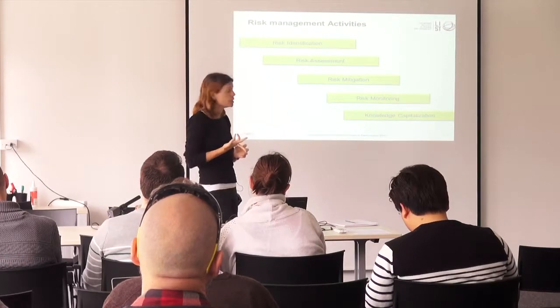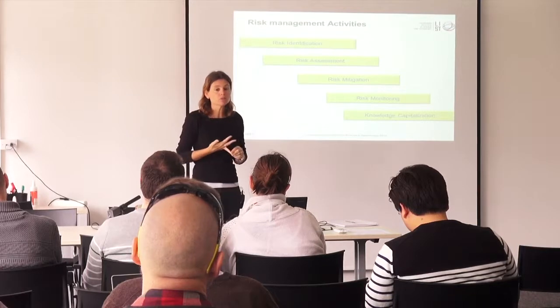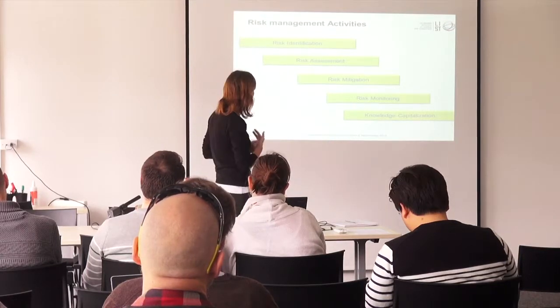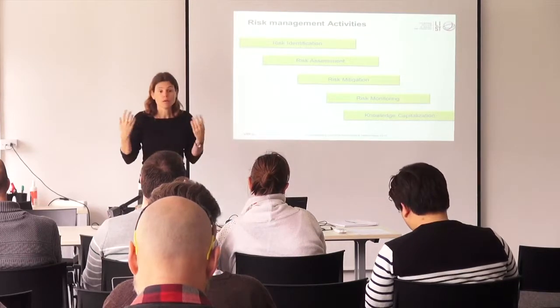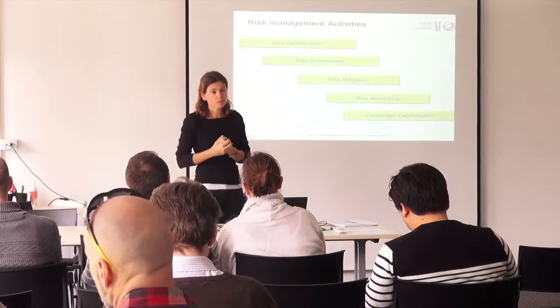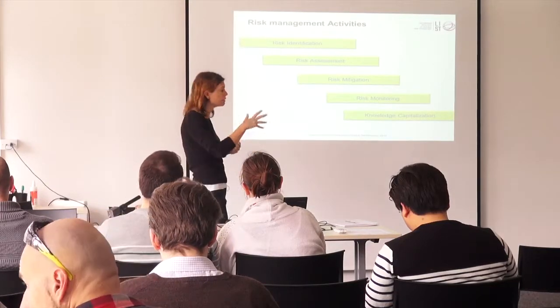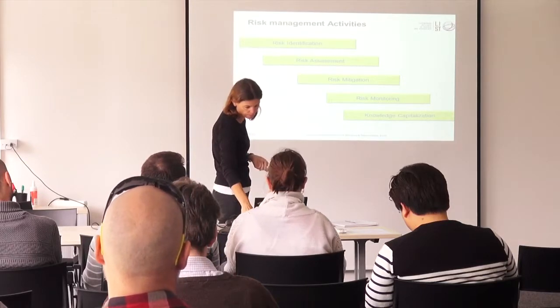Then you have risk mitigation, where you try to find solutions. You implement these solutions and you monitor them in the risk monitoring step. And then you have some knowledge capitalization, trying to learn from the experience about risk management during that project and trying to get better next time.